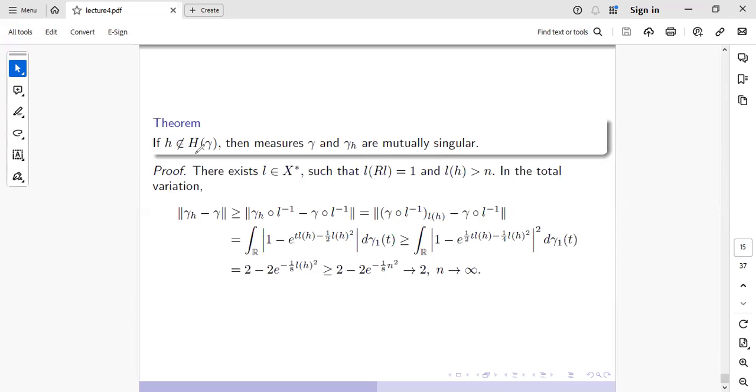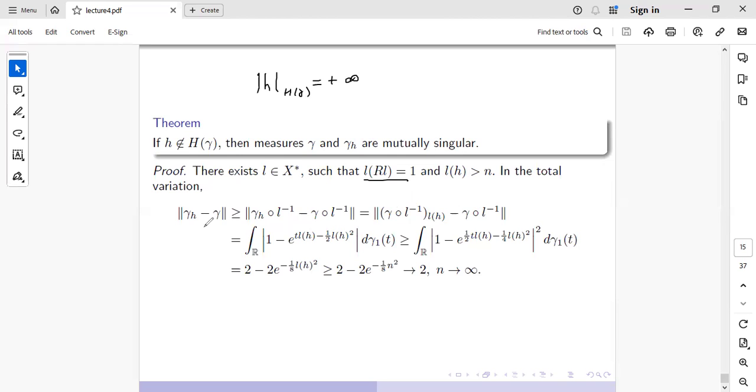The fact that h is not in the Cameron-Martin space means that the Cameron-Martin norm is infinite. So we can find functionals that have variance 1 and such that they take as large values as we need on the vector h.